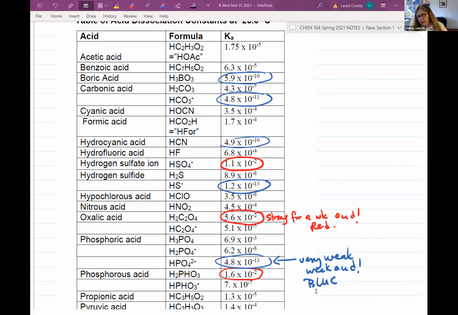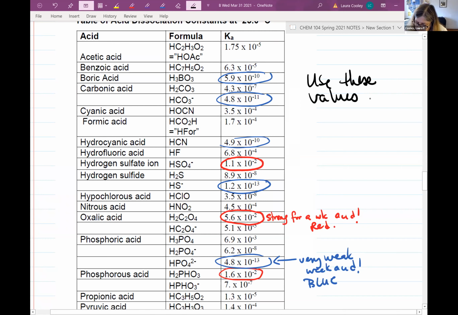So if I give you a problem and I ask you to solve it and you need to look up the Ka for a weak acid, please don't look on the internet, because some of these numbers on the chart, you look in one reference, it gives you one value. You look in another reference, it gives you another value. Please use these values for my problems, okay?